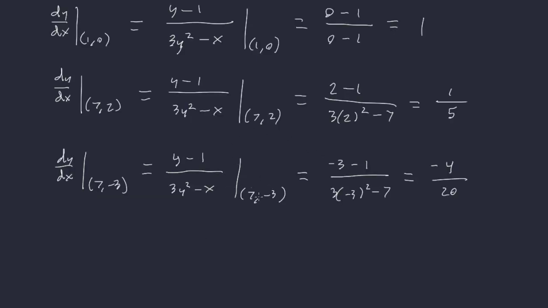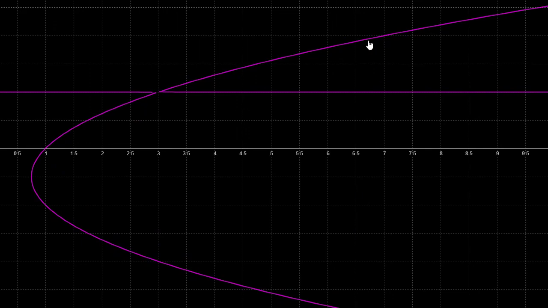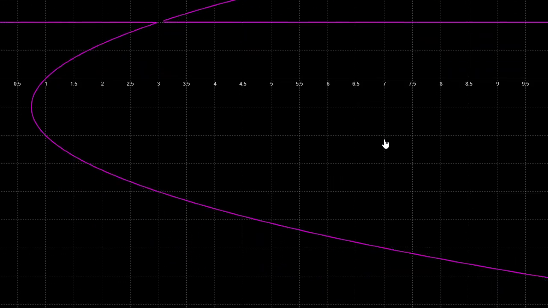All right, when we plug in (7, -3) into the derivative formula, we'll get (-3 - 1) over 3 times (-3)^2 minus 7, which comes out to be -4 over 20, which is -1/5. Now, if we go to the graph, here at (7, 2) we got 1/5, and at (7, -3), -1/5.